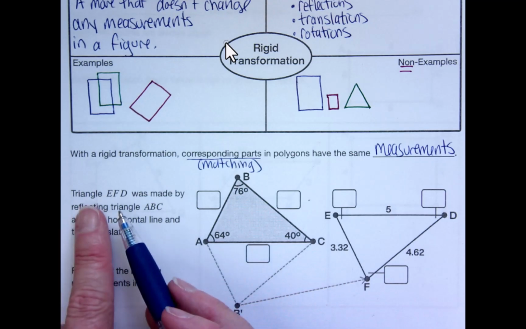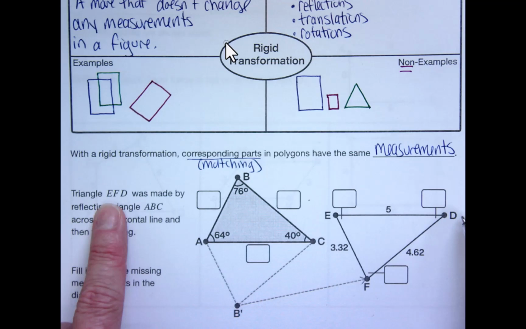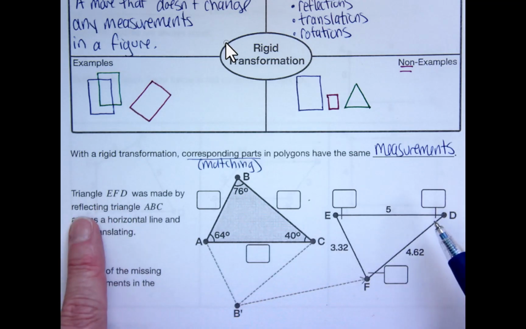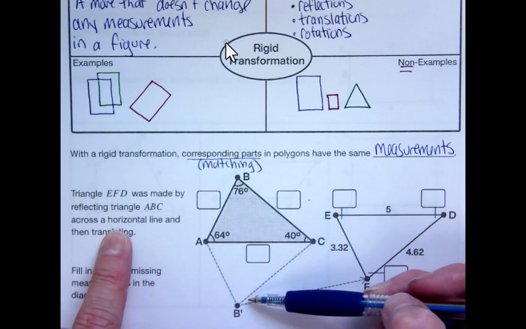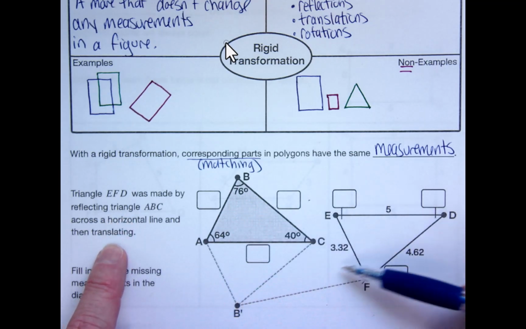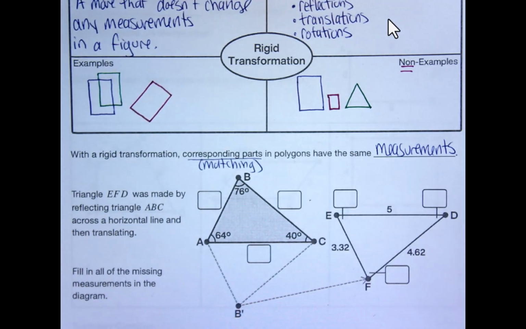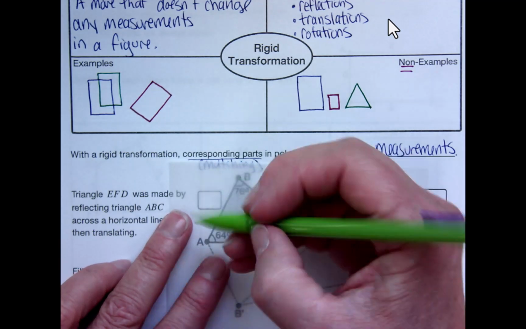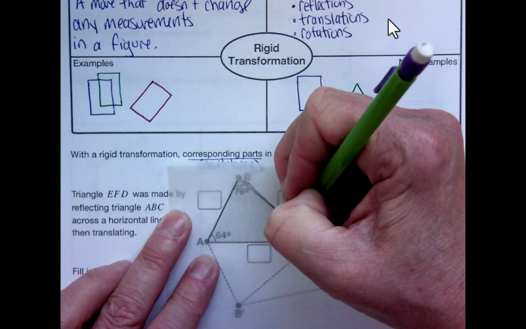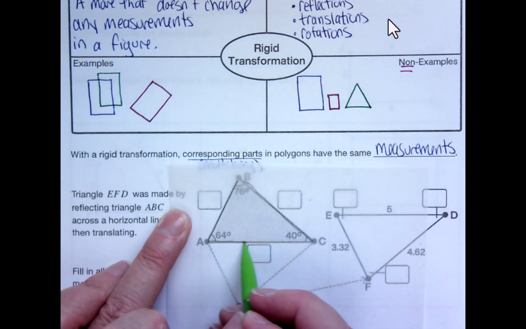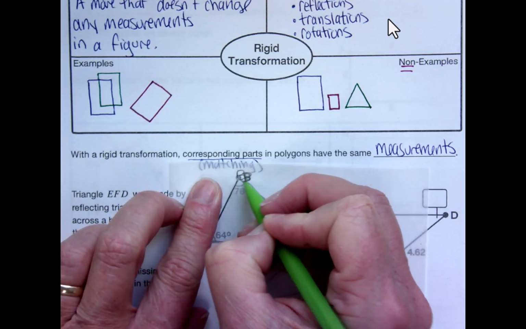So let's say we have triangle EFD, and that came from reflecting this triangle, flipping that over, and then translating it up and to the right. In fact, I'm going to use some patty paper and just kind of help us see what happened there. These are rigid transformations that I'm performing on triangle ABC.